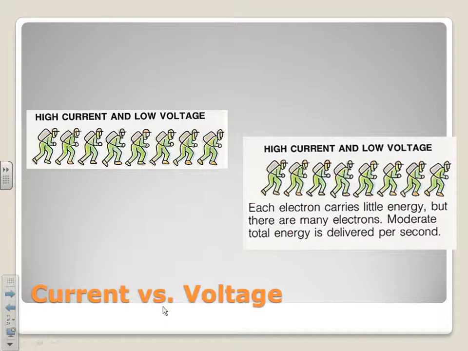Not all of those things need the same amount of energy. So there has to be some way for us to get the correct amount of energy to each of those things, even though we plug them into the same outlet. And we will talk about that tomorrow. It's going to be okay.